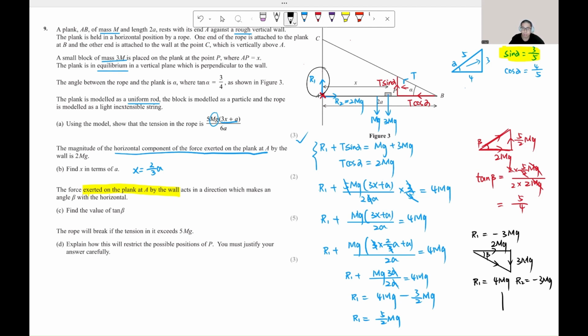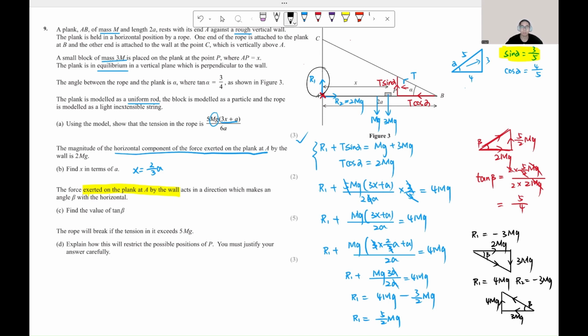R1 is vertically up 4 mg. And R2 is negative, so it has to go to that side. Because it's a triangle, you need to make them connected, end point and starting point connecting each other. So 3 mg should go this way. So the resultant force will go like this. Then this would be the angle we try to find out.